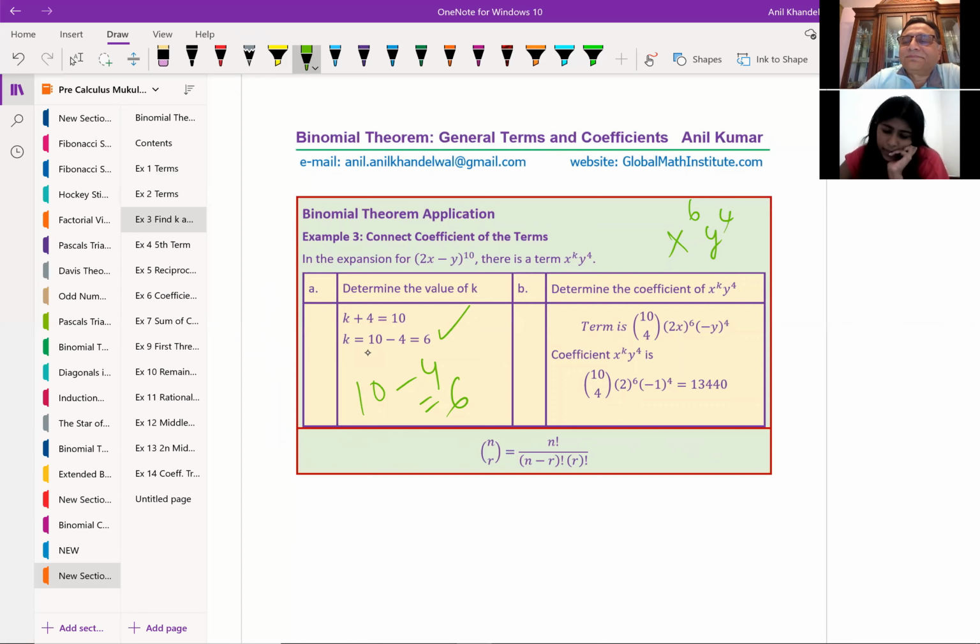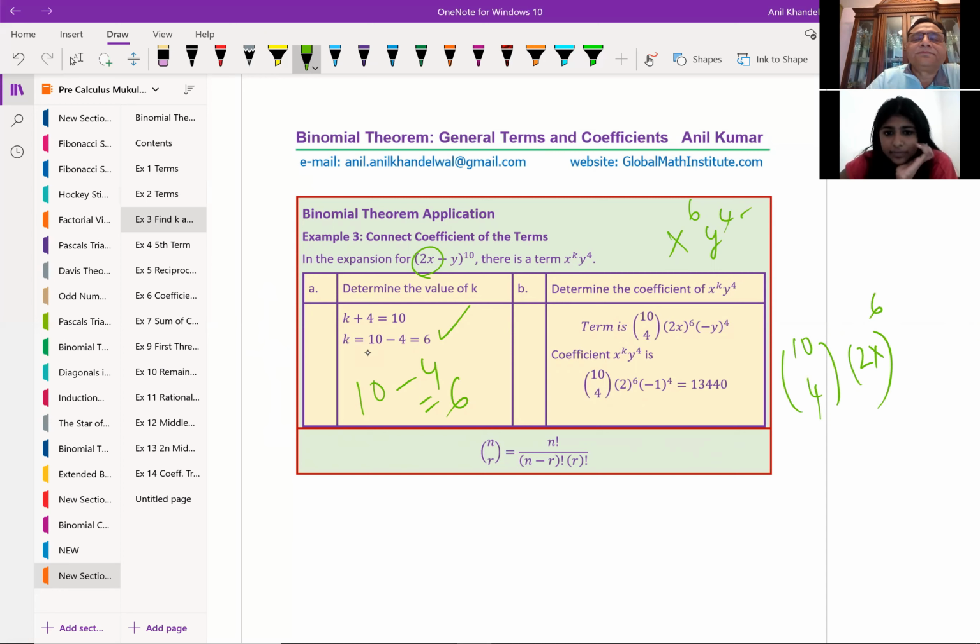So is that where you do the n choose r thing? Yes. Okay, so you do 10 choose 4, because we got y to the power of 4. Perfect. Then you take the a, so that would be in this case 2x, to the power of k, which was 6.